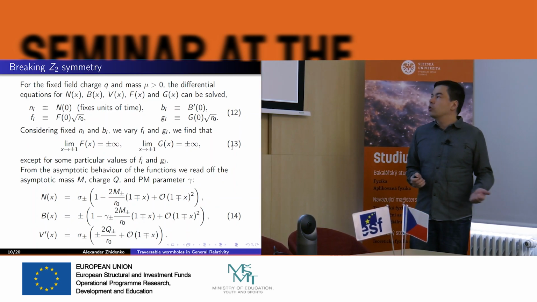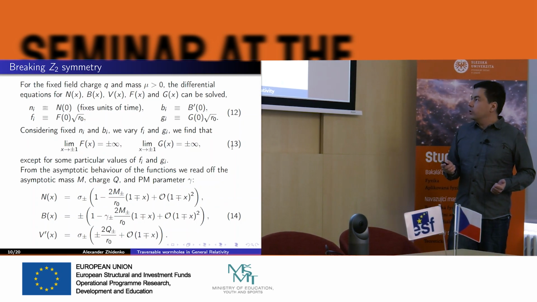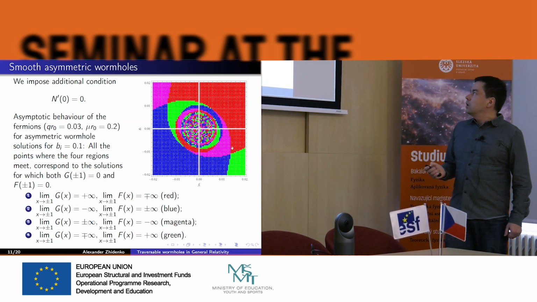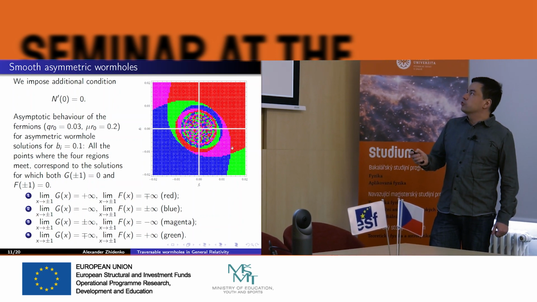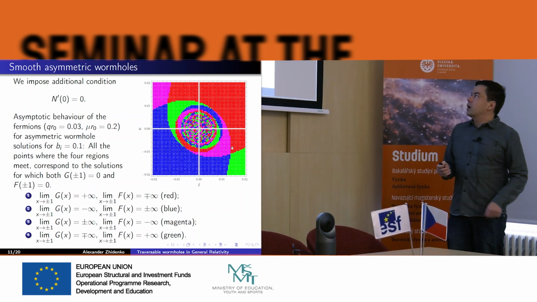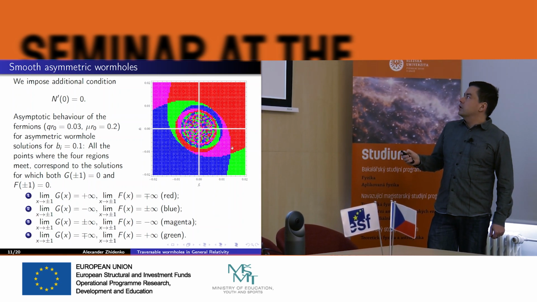And how do we know numerically that these values exist? We can see that if we vary these two parameters, gi and fi, the asymptotic differs at, for example, the edge between blue and green.